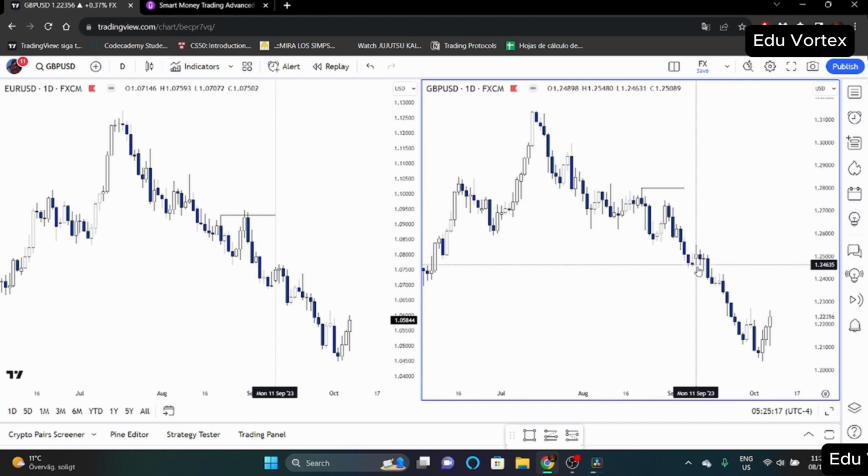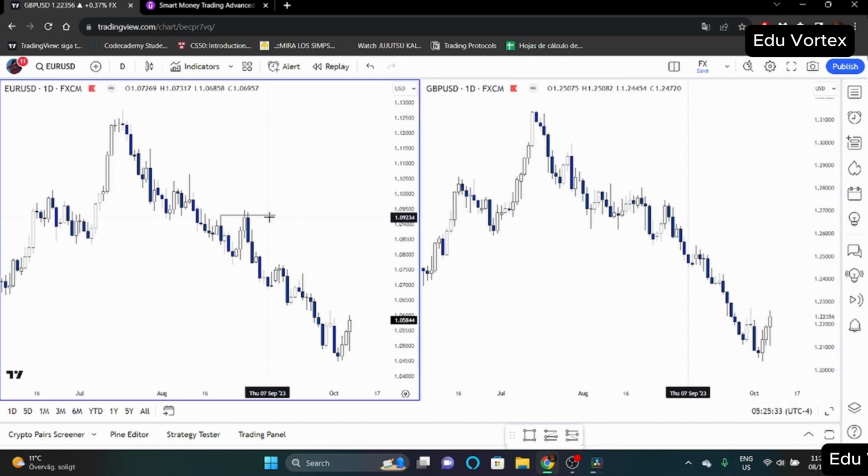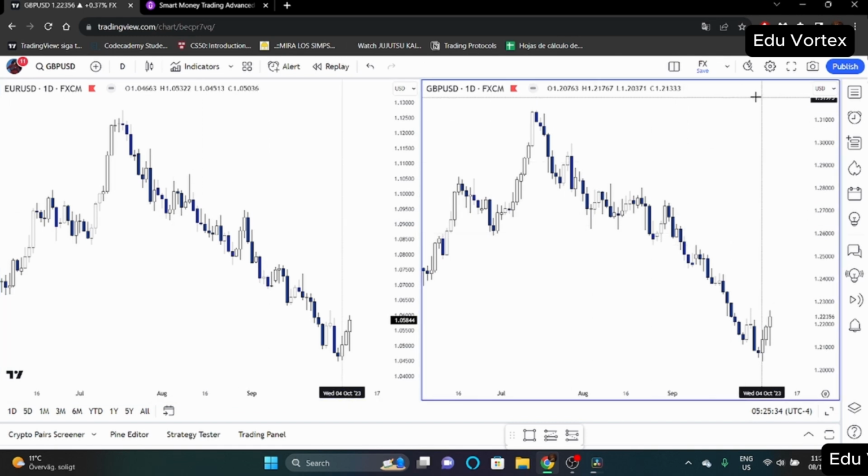GBP is displacing lower, while euro is making some kind of retracements. Look, the retracements on euro are much bigger than GBP. GBP retracements are much smaller, okay? And GBP displaced lower, which would present us more profits, which means more money.